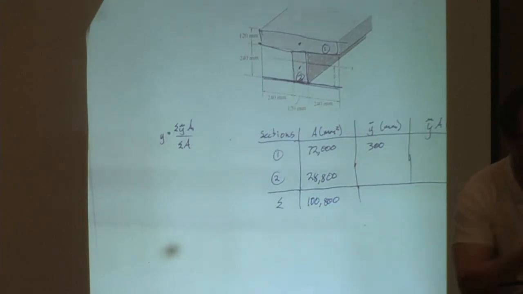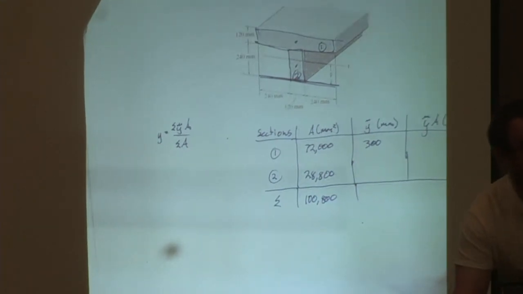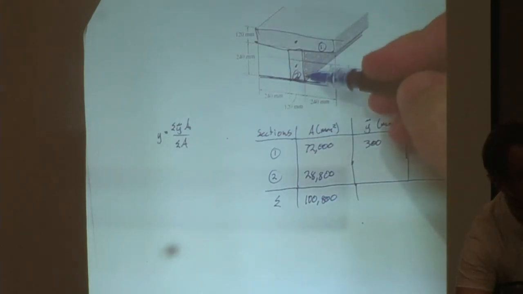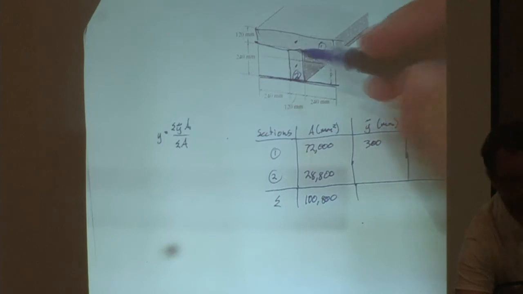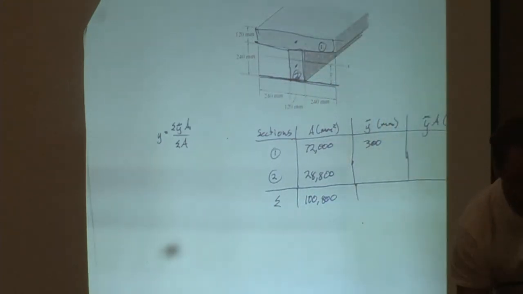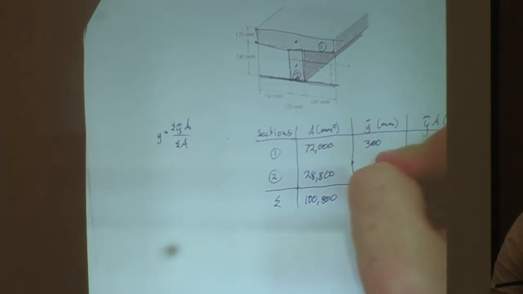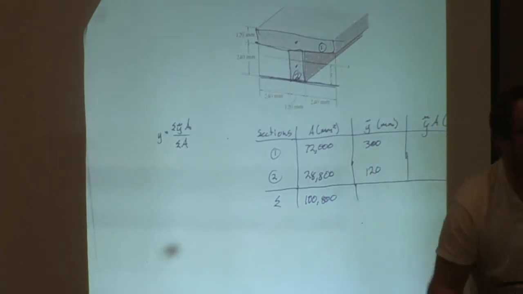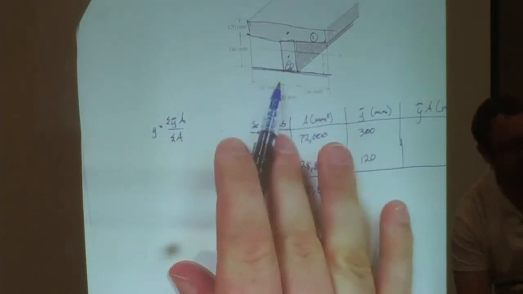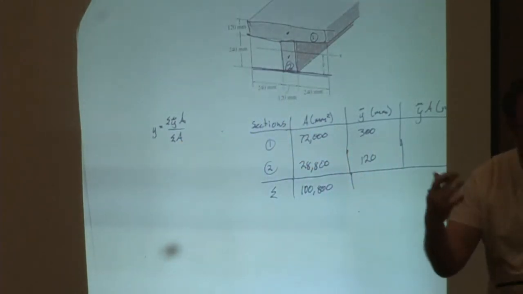All right, so using that, what's the second one? What's the centroid for the second part? So for this one right here. Oh, wait, no. 120. Yeah, 120. Okay, that's right. Do you see that? All right. Yeah. So it's from this baseline, a distance from this baseline up.